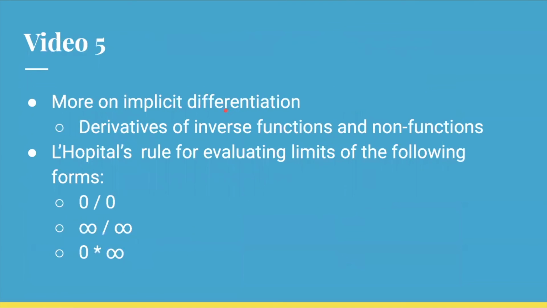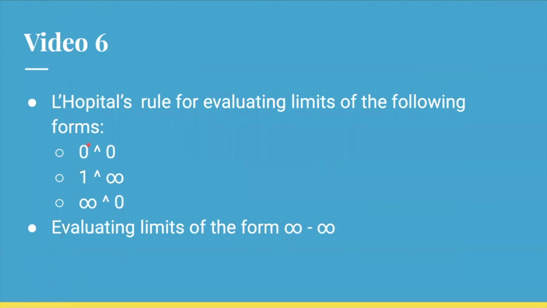And then in video 5, you continued learning about implicit differentiation. So you learned how to use that to differentiate inverse functions and non-functions. And then you started to learn about L'Hopital's rule. And then now in this video, video 6, you learn how to evaluate the rest of the indeterminate forms.